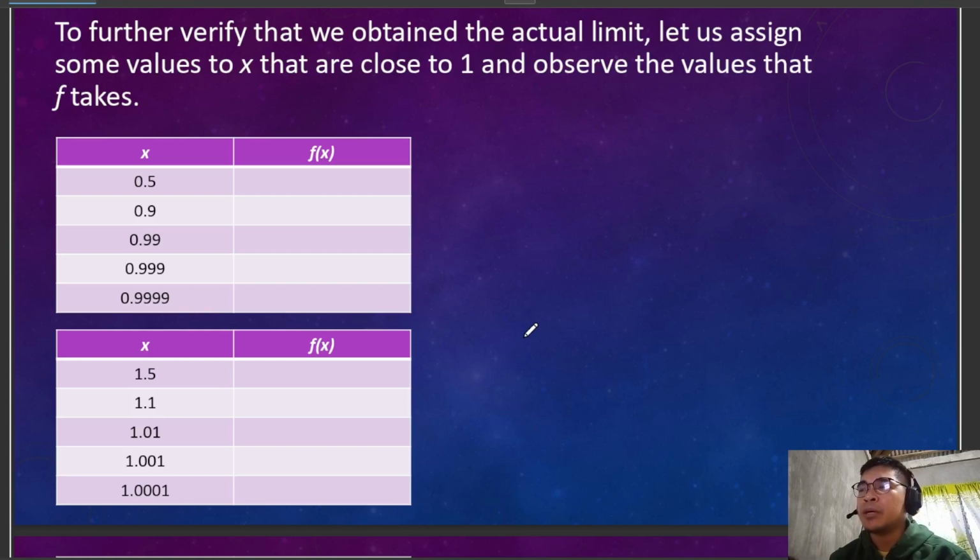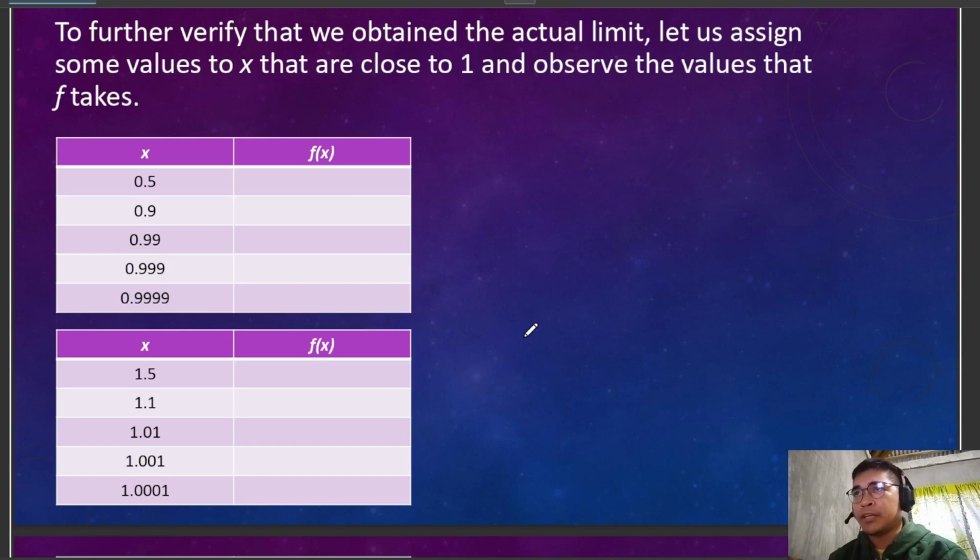Minaw nga, before ta makahimo sa graph, in math, we need to do the tables. So by doing the tables alone, and without the graph, kaya dili man ta makagraph og way value ni table. So we can say easily if there is a limit existent.